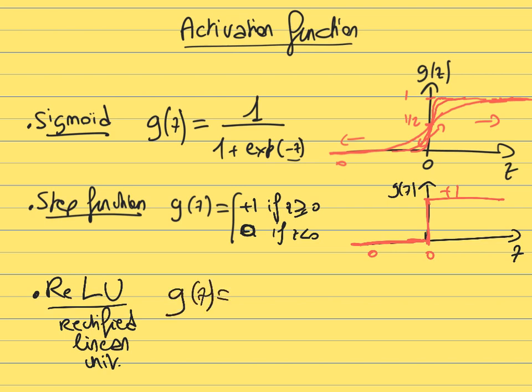The output of each neuron is going to be the maximum of 0 or of the input variable z. So if you plot this function, this is how it would look like. z is still the input variable. The output is still g of z. So when you look at what this function is doing, as long as z is negative, then the maximum of a negative value and 0 is going to be 0.